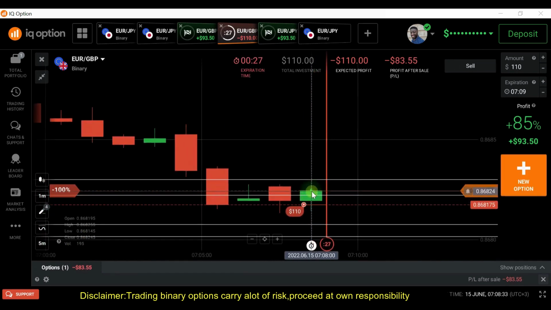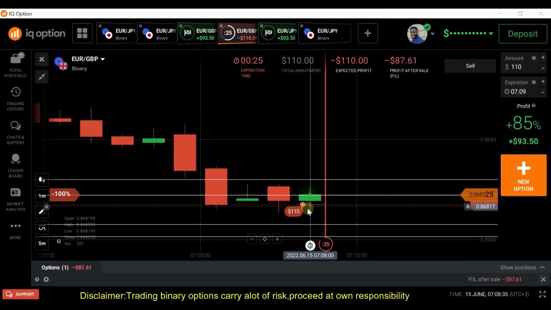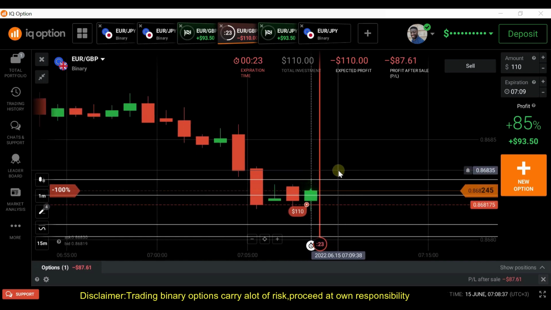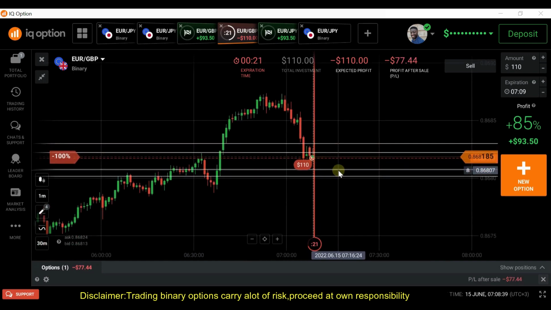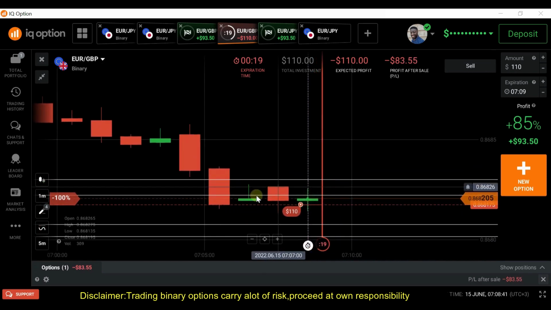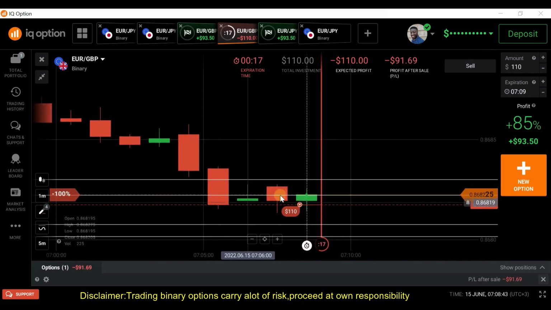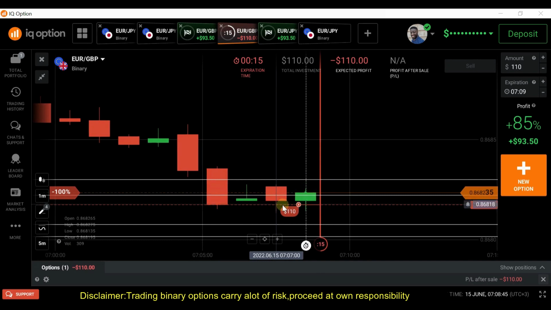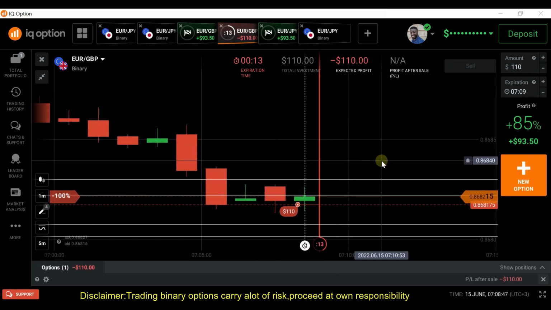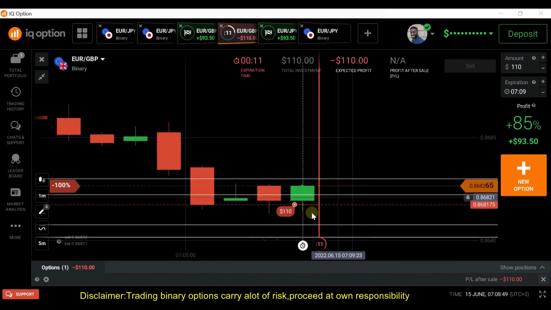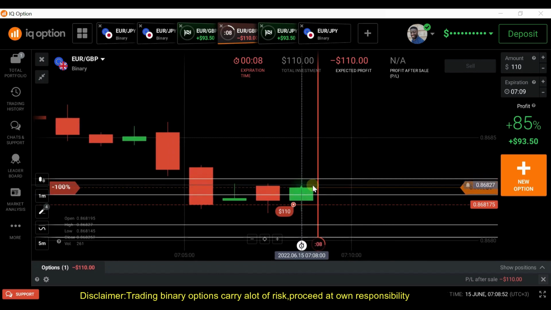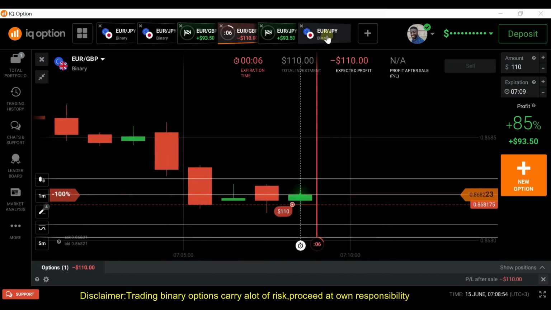I wanted my entry point here, but I got an entry point on the lower area. I don't know why. Because after this breakout, we got a retracement, we got a continuation candle here. So I expect us to close below the area of support and resistance, but let's wait.